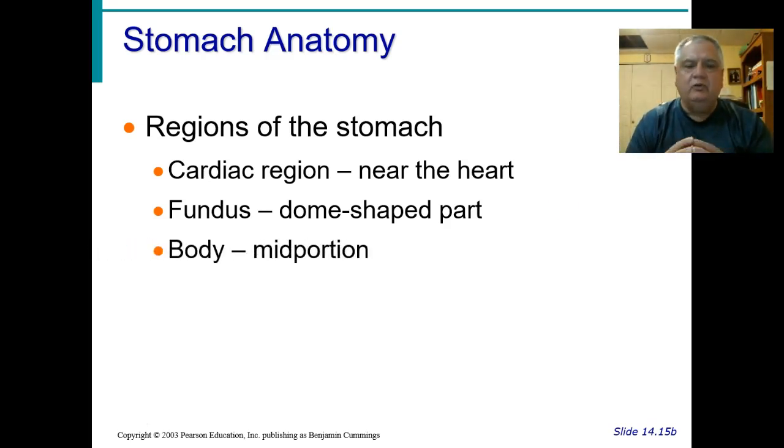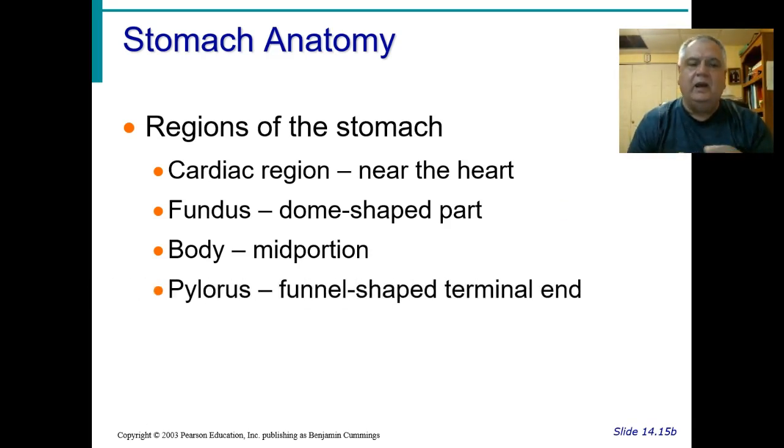And then the mid portion of the stomach is referred to as the body of the stomach. And then at the opposite end of the cardiac region, we have a region called the pylorus. This is a funnel-shaped terminal end of the stomach where the food is going to leave the stomach and enter into the next portion of the alimentary canal, the small intestine.